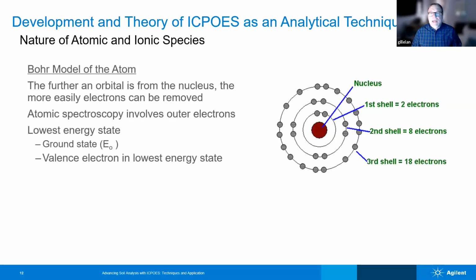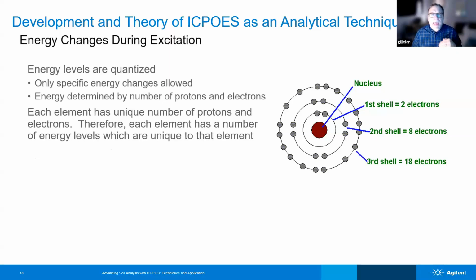Just to talk about how this works, if you think about the Bohr model of the atom, where you have the nice, well-behaved nucleus and the well-behaved electrons in concentric shells, which of course we know is not true, it's nevertheless helpful when we start thinking about the mechanics of all this.